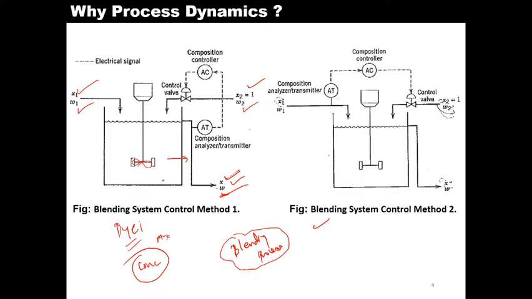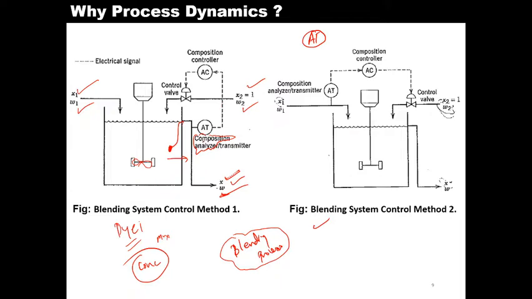So how are they going to control it? For that purpose, first we have measured the concentration inside the tank, that is, the concentration of the mixture product. The concentration is measured using the composition analyzer, represented as AT in the diagram. This piping and instrumentation diagram I will also show you after some time.